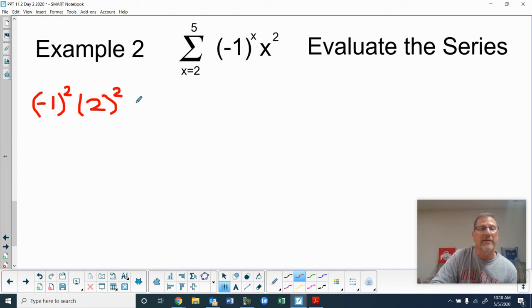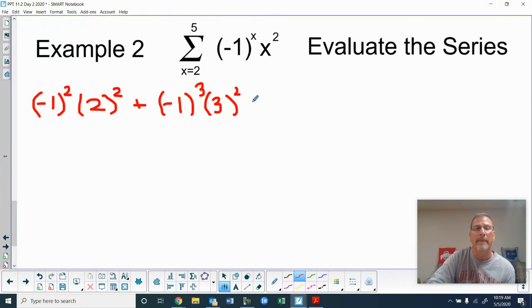Okay, and then plus -1 again, but this time x is 3. And remember, 3 goes in for x in both spots. And this is squared every time. That doesn't change. Plus -1 still, but this time x is 4.